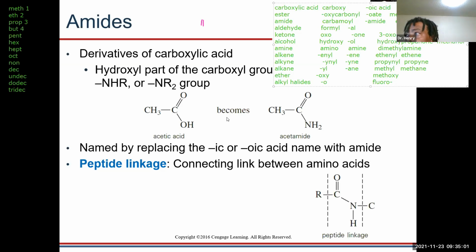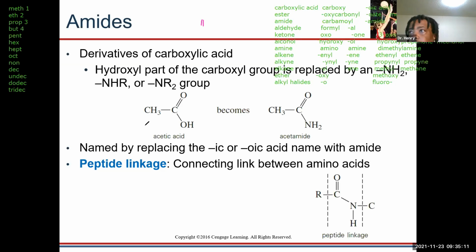In the case of amides, instead of having the C attached to an O, we actually have it attached to the amide group. And then you will have your hydrocarbon. So it'll be R, C, double bond, O, and then you'd have the amide. So this here represents the amide.